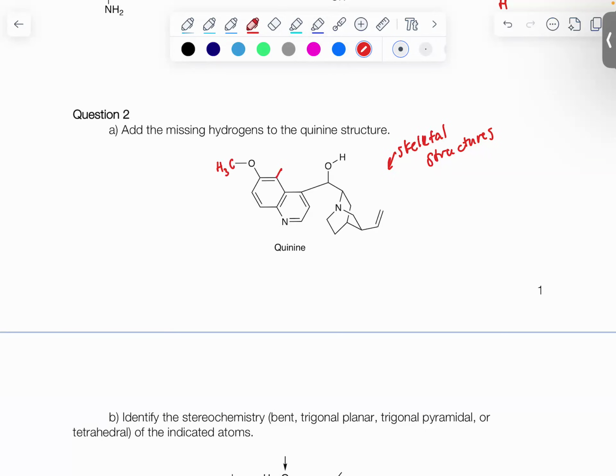So this has 3, it needs 1 more. Same over here. This one already has all 4, so it does not need any more. Same with these 2 here. So we'll add 1 here, 1 here, and just try to fit them in where you can.